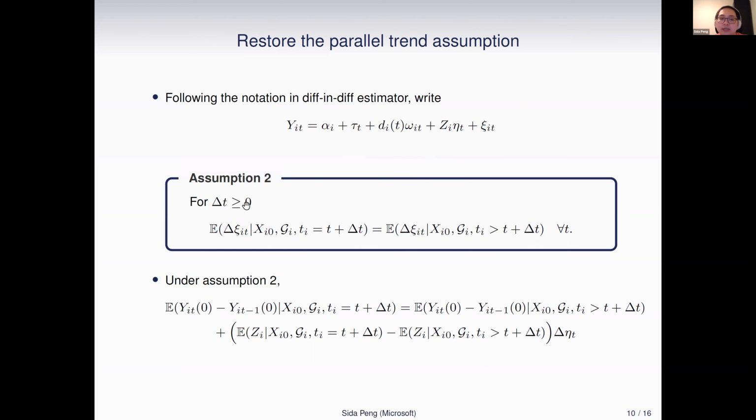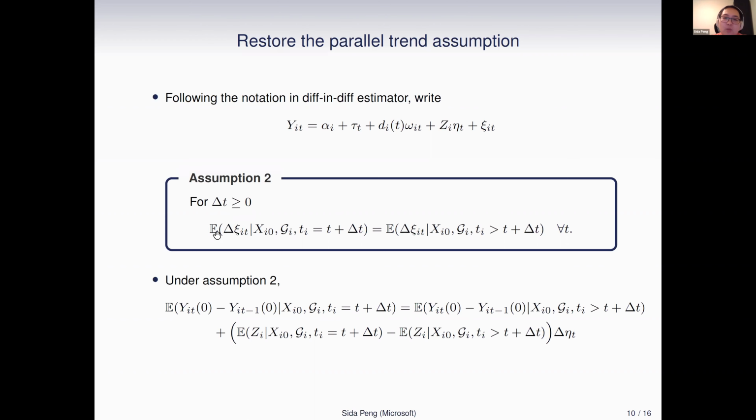Right? So the other component here is when delta t is bigger than 0. This is basically saying that for all the people who adopt in the cohorts afterwards, they would also follow the parallel trend assumption at this time t. So this additional assumption allows us to identify the delta eta t using the people who haven't adopted.